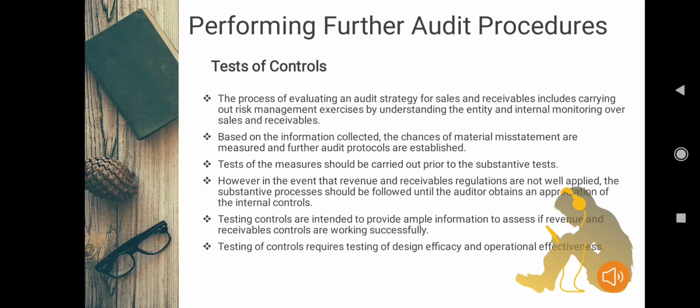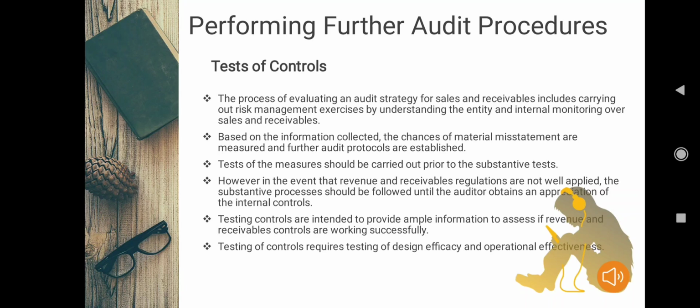Tests of control should be carried out prior to substantive tests. However, in the event that revenue and receivables regulations are not well applied or inadequate, the substantive process should be followed until the auditor obtains an appreciation of the internal control. Certain monitoring checks are carried out during the comprehension of internal controls.